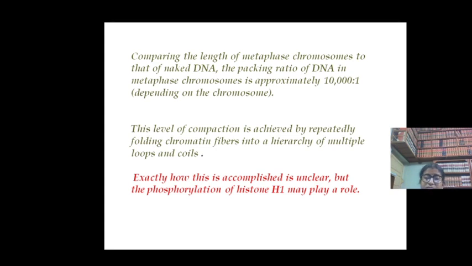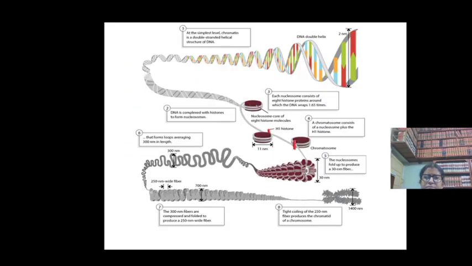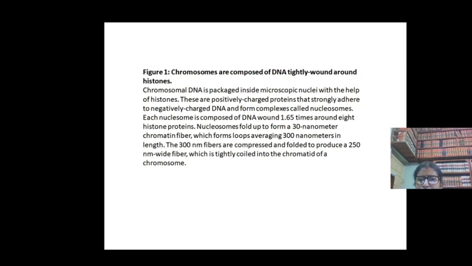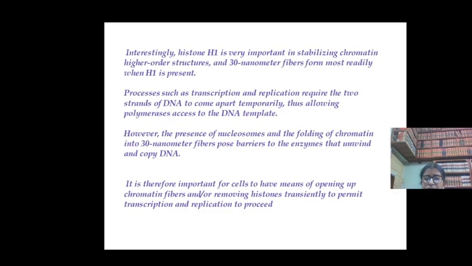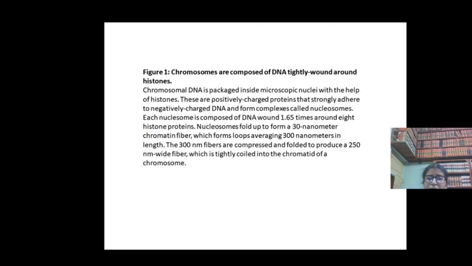So if we go back to the structure again, the 30 nanometer chromatin fiber forms loops averaging 300 nanometers in length. So from 30 nanometers it goes to a 300 nanometer loop-like structure.